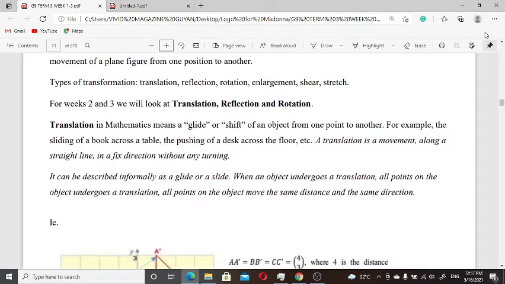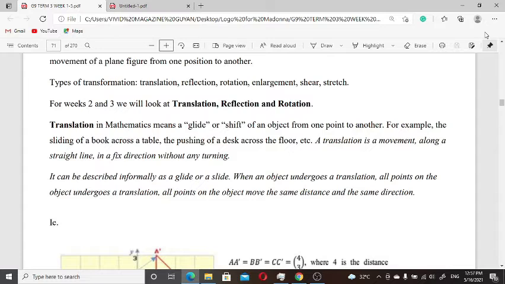So translation in mathematics means a glide or a shift of an object from one point to another. For example, the sliding of a book across a table, the pushing of a desk across the floor, etc. So just take a moment to understand what is being said to you right now.